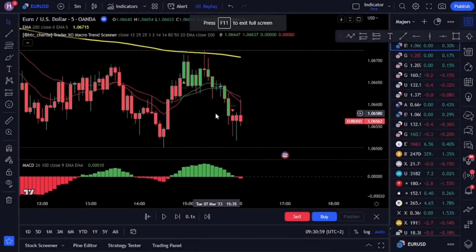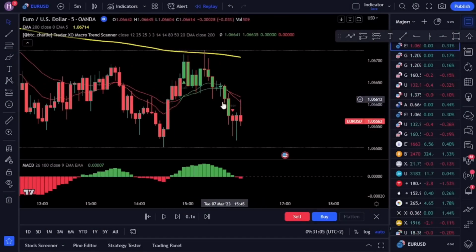Now that we have all these components of the trading strategy, let's take a closer look at the rules for a sell or short trade. For a sell trade, whenever a sell signal has been given by the first indicator, which is the macro trend scanner, and all of those conditions have been met, we go to our second indicator, which is the MACD histogram.